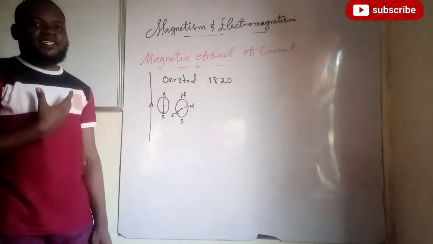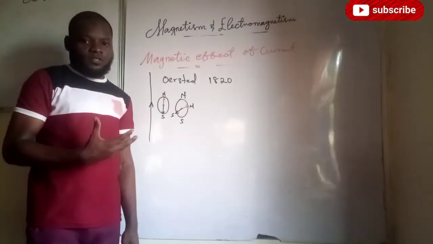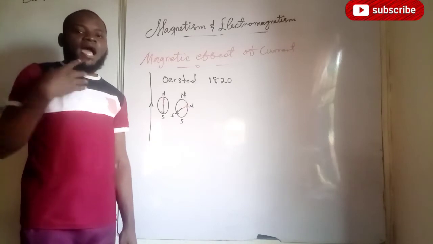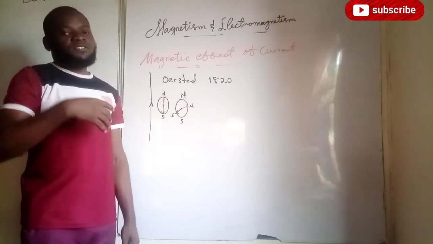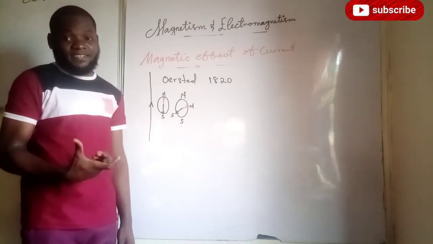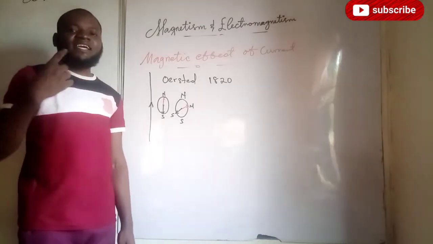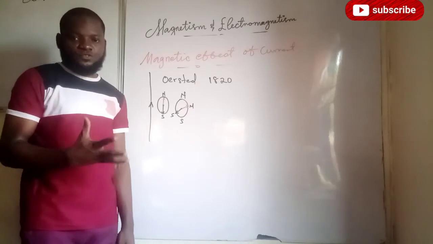Okay, let me put it like this. We have different conductors that carry current. Are we together now? And they produce different magnetic field patterns. Now we need to understand the shapes and the kind of magnetic field that they produce.